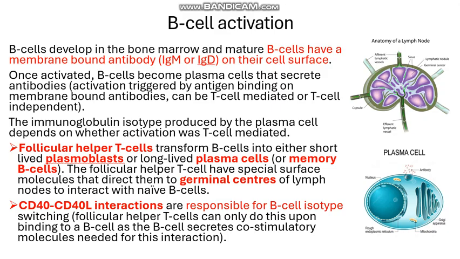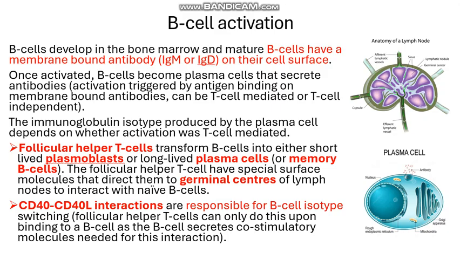The follicular helper T cell has special surface molecules that direct it to the germinal center of the lymph nodes, where they're able to interact and present antigens to these naive, mature B cells.